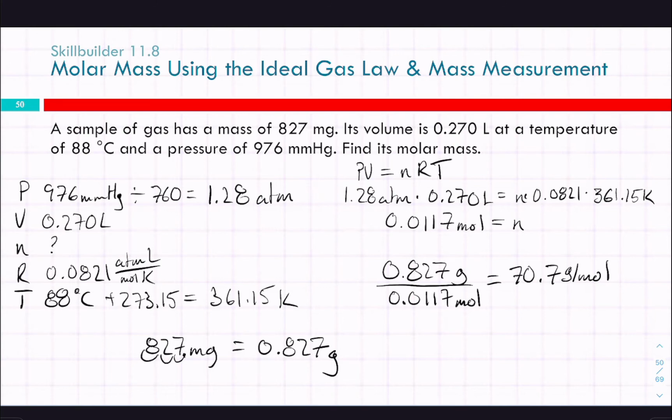Because chlorine is going to be Cl2. So 35.45 times 2, oh yeah, it's like 70.7. It's close enough. Yeah, so this is probably Cl2. That doesn't always work, but if you don't know anything else, it can give you an idea.